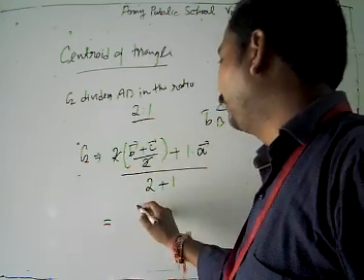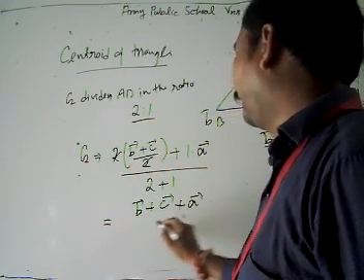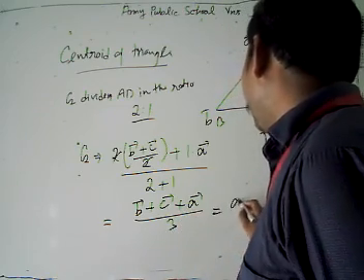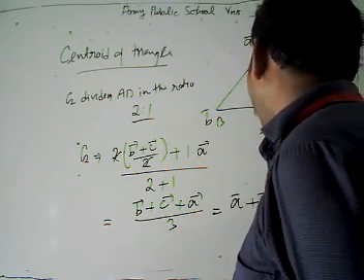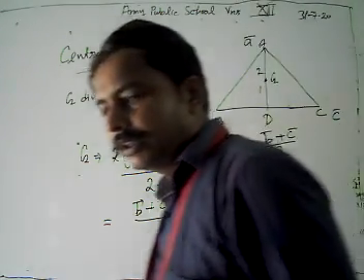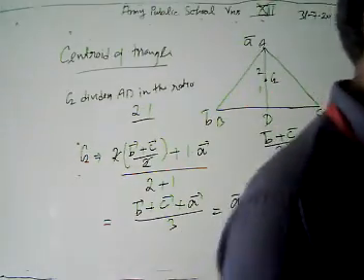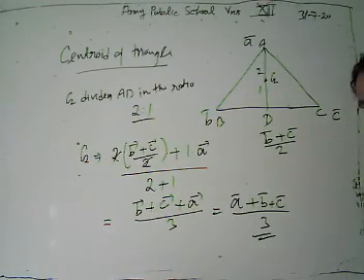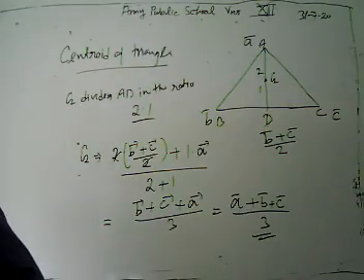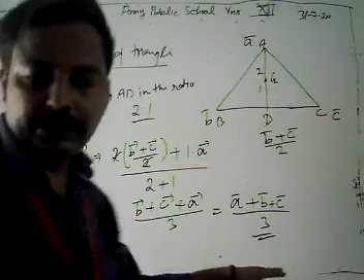The 2 cancels, and we have vector b plus vector c plus 1 into vector a, over 3. After rearranging, vector a plus vector b plus vector c by 3. This is our formula for the centroid of a given triangle when its vertices have position vectors a, b, and c: vector a plus vector b plus vector c upon 3.